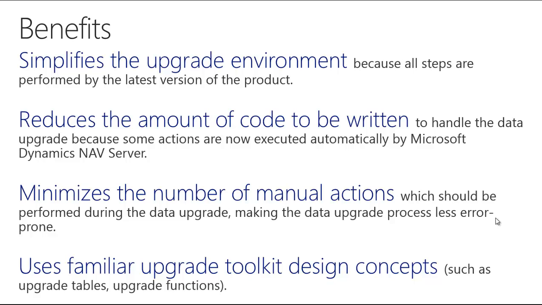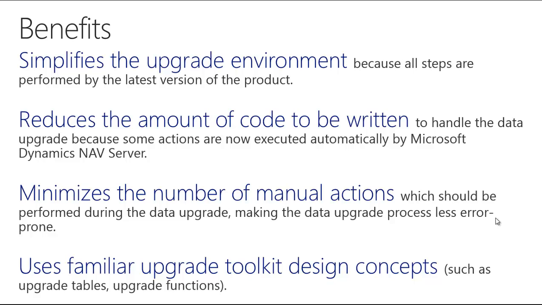Secondly, you don't need to run it for all companies inside of the database because it happens automatically during the schema synchronization. So these instructions which you provided inside of the upgrade code unit are executed for all tables for all companies in that database.